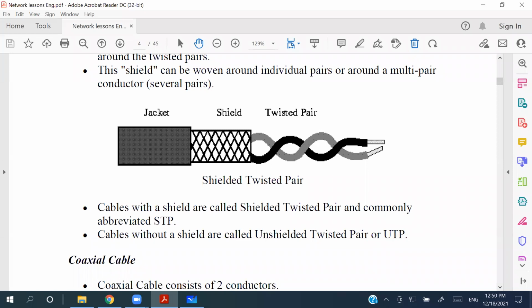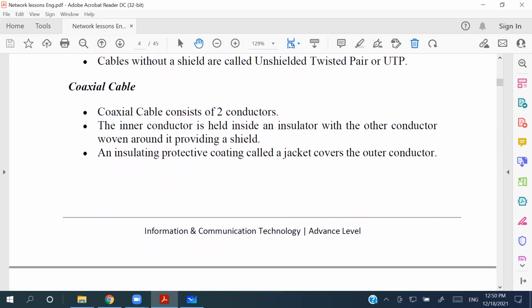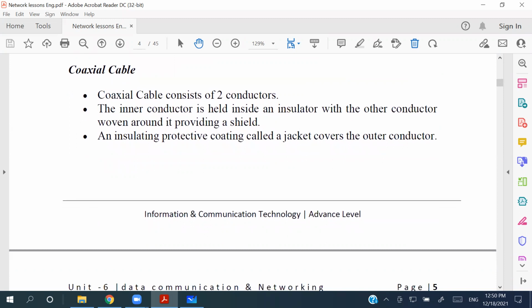Comparing to UTP, STP is expensive, but comparing to the other two cables, the coaxial and the fiber optics, these are low in price, right? So the second cable is called the coaxial cable, right?